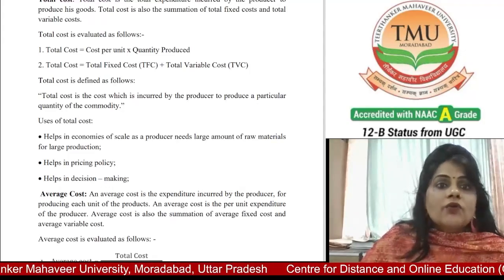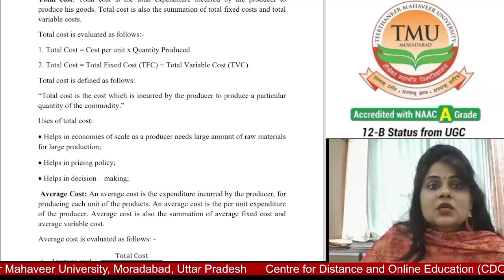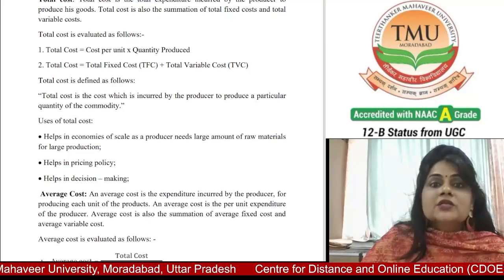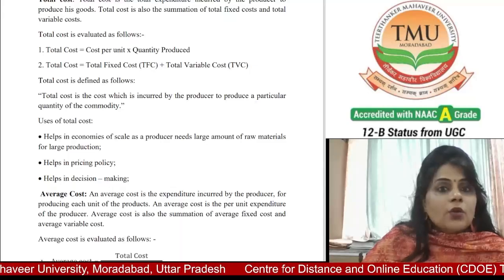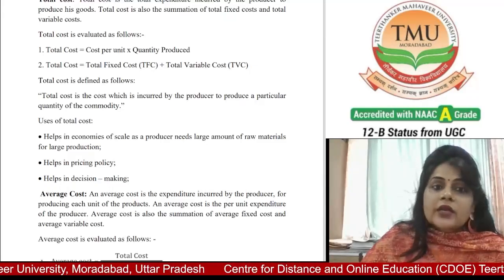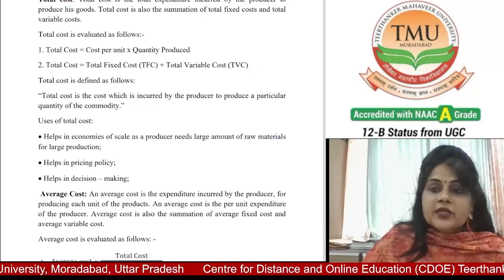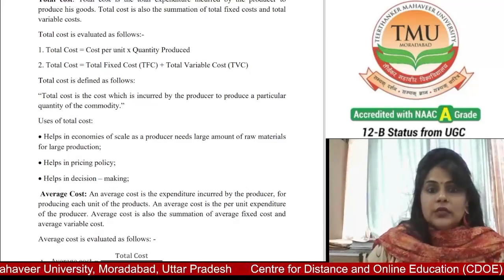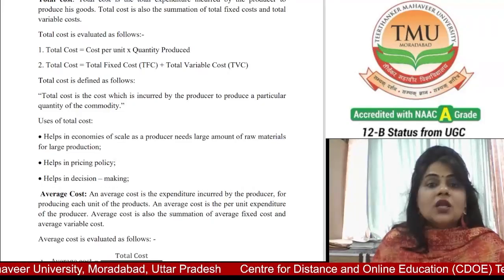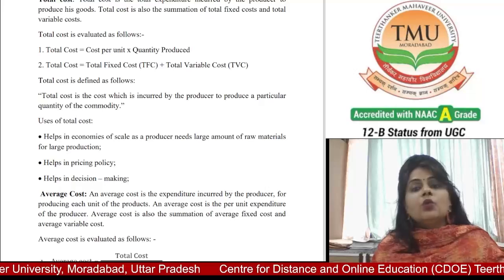Now, the uses of total cost. It helps in economies of scale as a producer needs large amounts of raw materials for large productions, and it is helpful in pricing policy and helpful in decision making. So, in economics, total cost means total cost of production that includes total fixed cost and total variable cost.